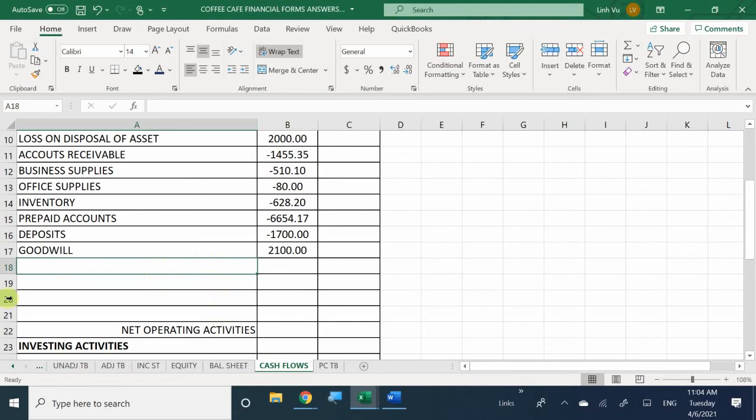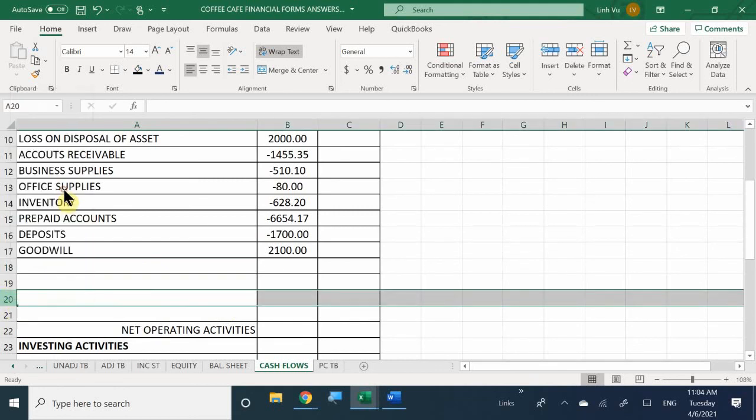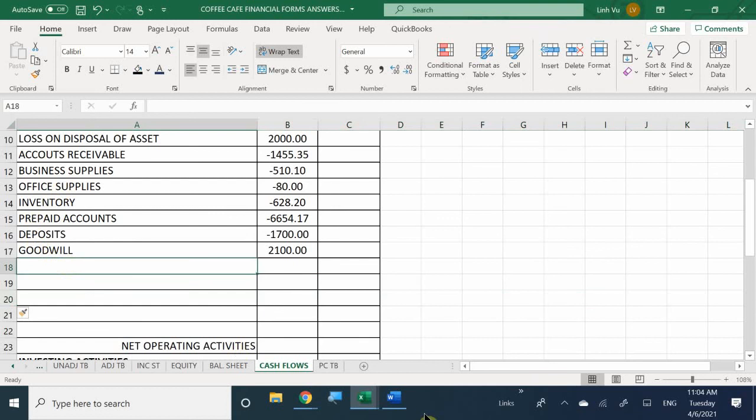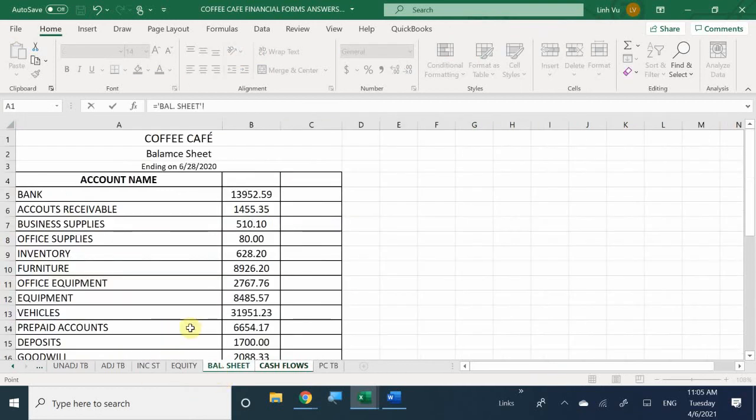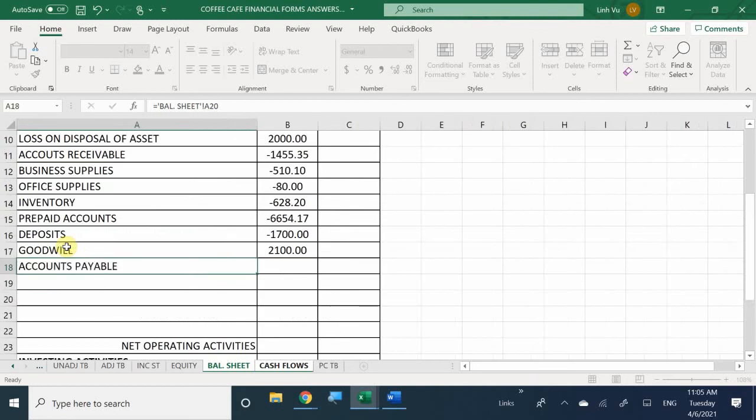All right, I think we have a couple more to go through, so let me add just an extra line just in case. So now that we finished our assets, the next one we're going to go over is our current liabilities. So let's understand this. Accounts payable is outstanding for $4,534.70.